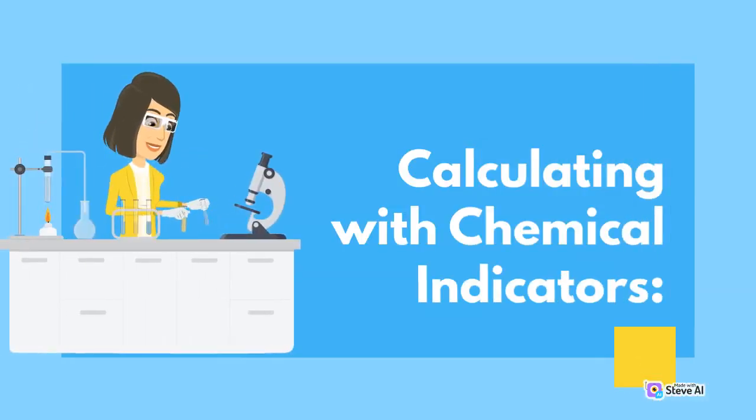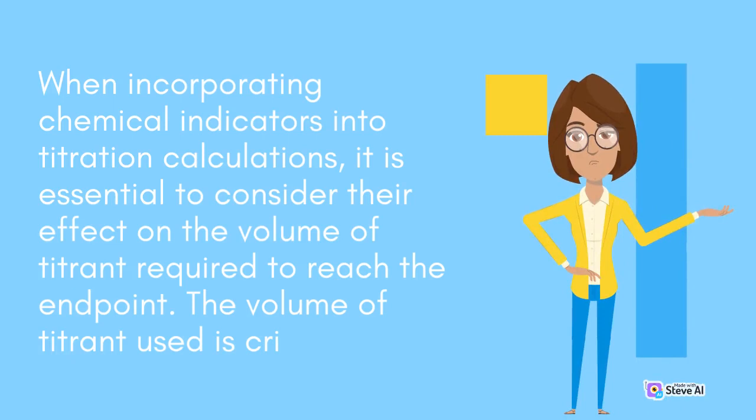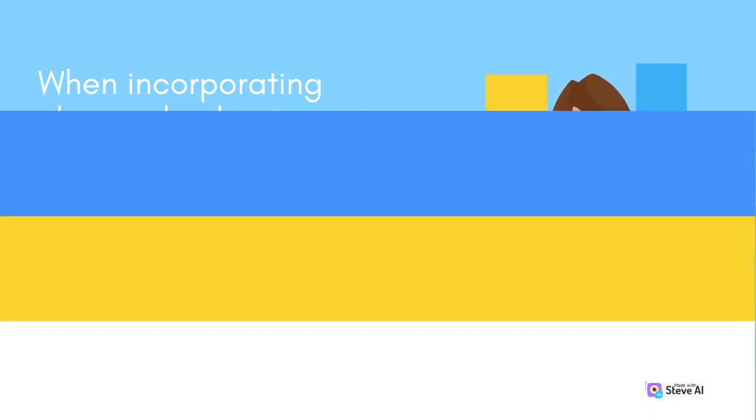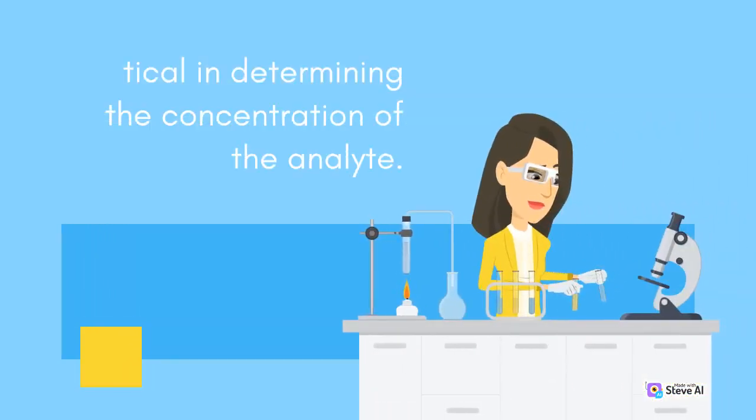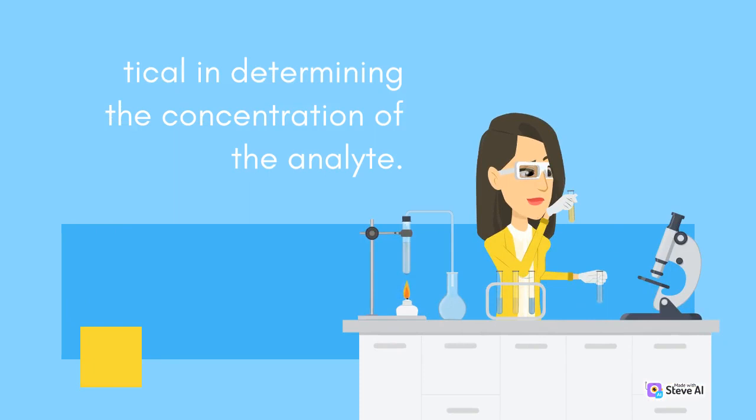Calculating with chemical indicators. When incorporating chemical indicators into titration calculations, it is essential to consider their effect on the volume of titrant required to reach the endpoint. The volume of titrant used is critical in determining the concentration of the analyte.